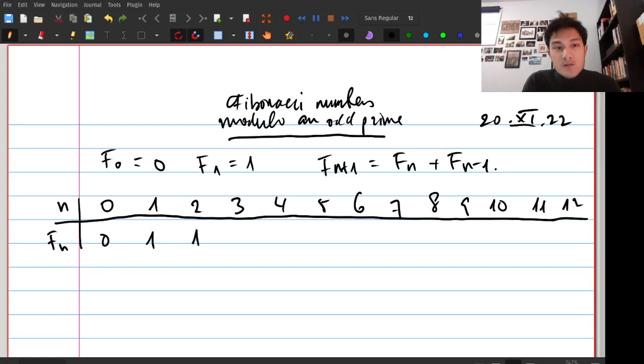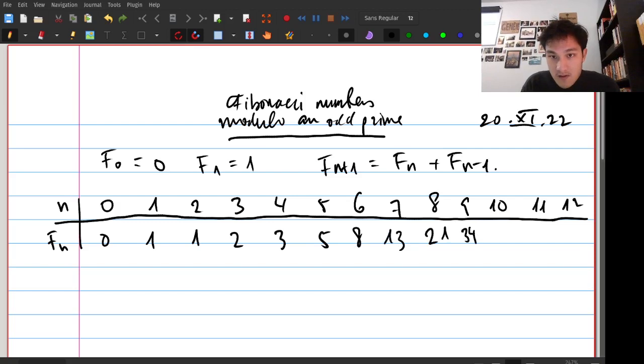So 0 plus 1 is 1, 1 plus 1 is 2, 1 plus 2 is 3, 2 plus 3 is 5, 3 plus 5 is 8, 5 plus 8 is 13, 8 plus 13 is 21, 13 plus 21 is 34. I'm going to write a little smaller. 21 plus 34 is 55, 34 plus 55 is 89, and then 55 plus 89 is 144. Okay.